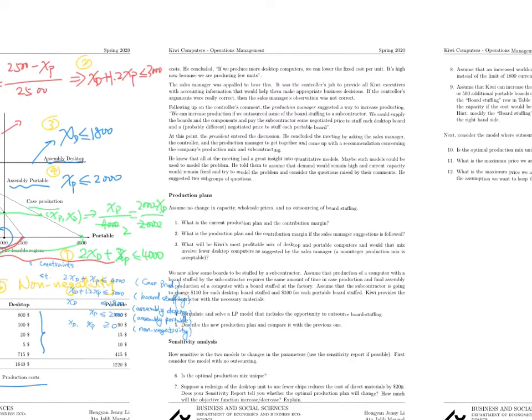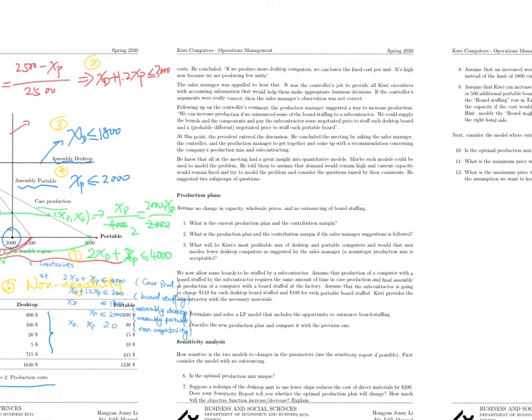If we continue to look into this model, in the case they actually mentioned following up. Following up on the controller's comments, the production manager suggests a way to increase production. They can increase production if we outsource some of the board staffing to the subcontractor.